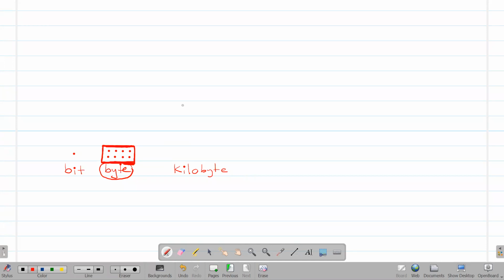So it will be huge, kind of a huge one, which is going to have lots of dots inside.